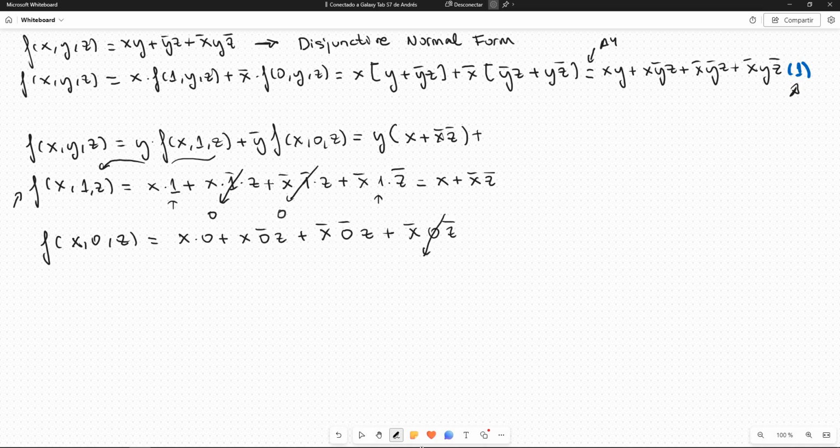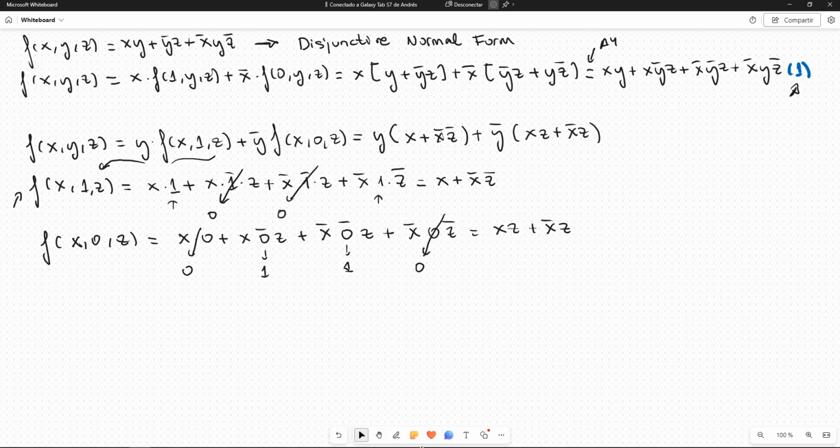This is 0, this is 0, and since 0 negated is 1, this term remains the same. So we have this and this. So here we have y negated multiplied by this new subfunction.